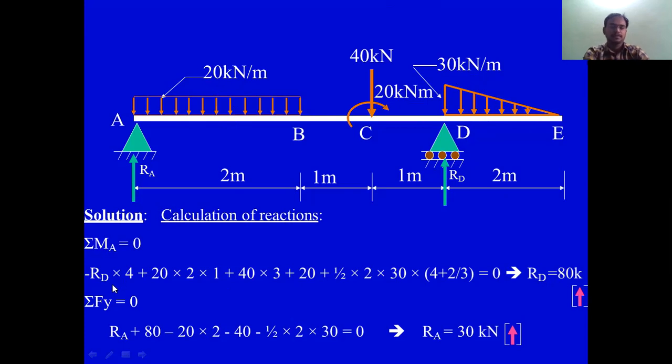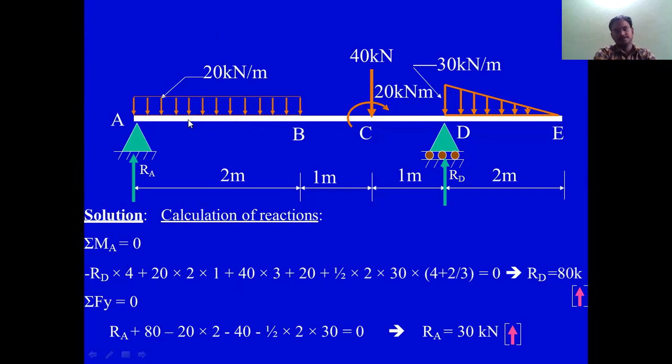So when you take the forces into consideration, we get an equation here. For moment, taking the moment about the point A as 0, you consider minus RD into 4 plus 20 into 2 into 1.